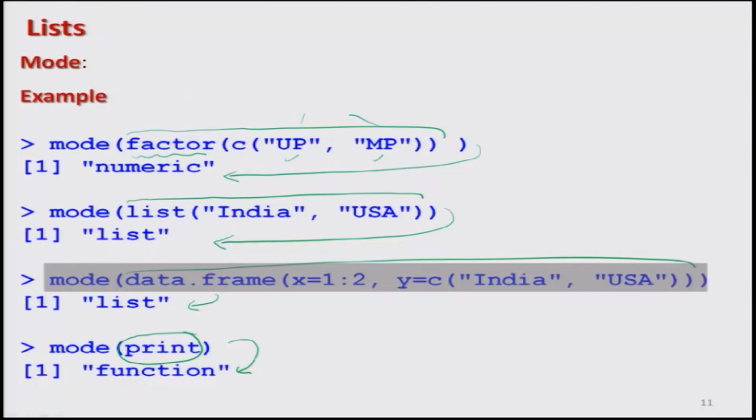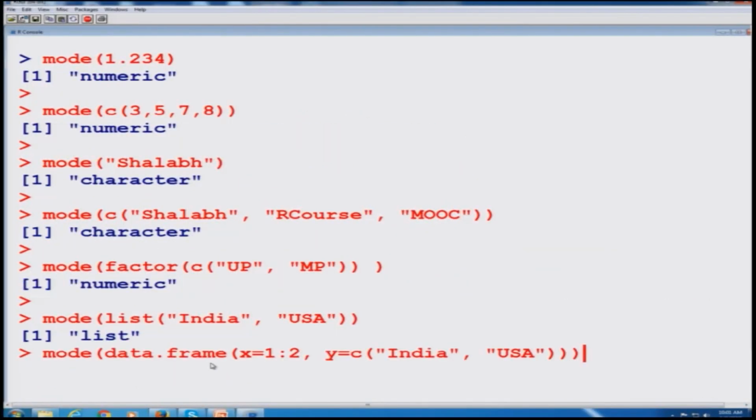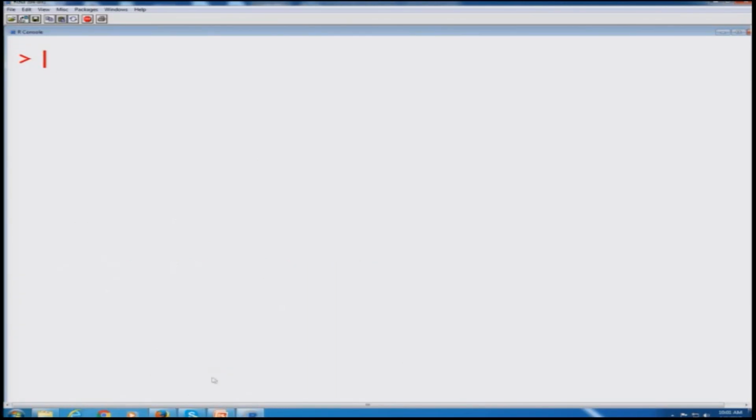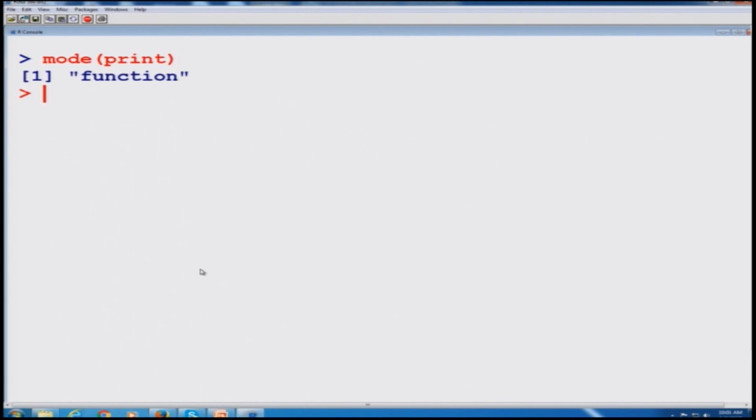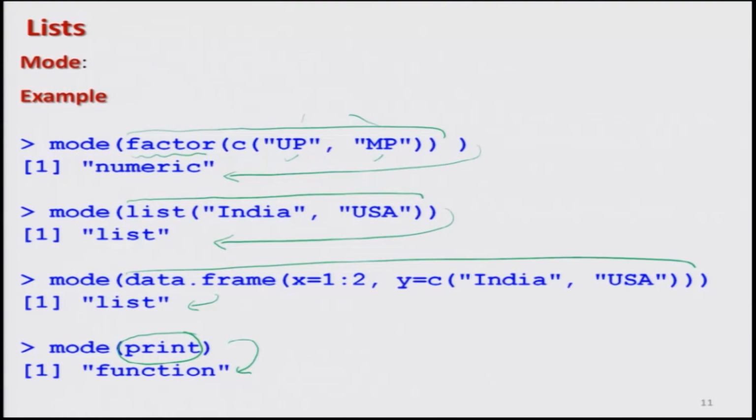And similarly, if you go for the data frame, this comes out to be a list. And if you go for the function print, then this comes out to be a function. So, this is how this mode function works.